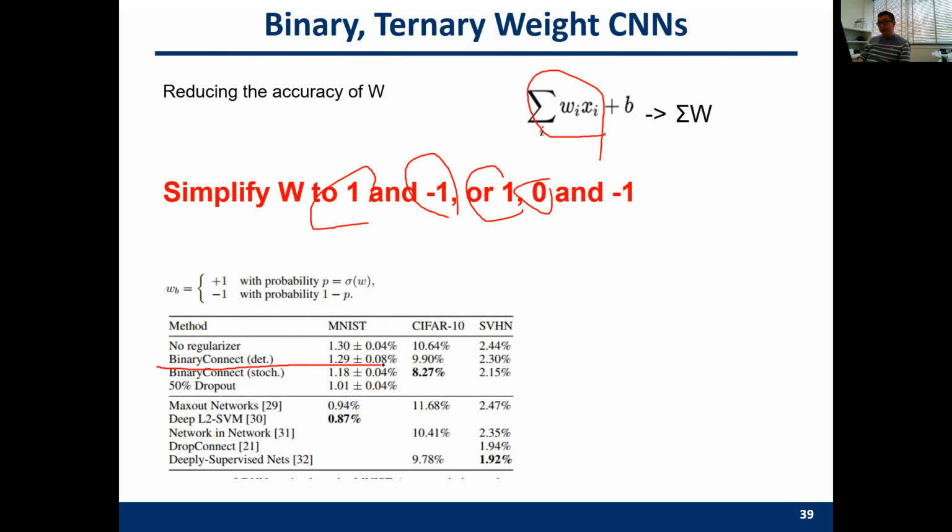So the binary connection indicates the binary weights. You can see that compared to the full precision original neural network, the error rate only slightly increased, by less than 1%.